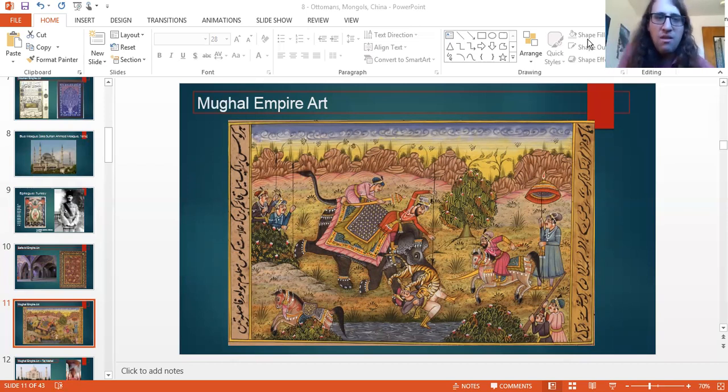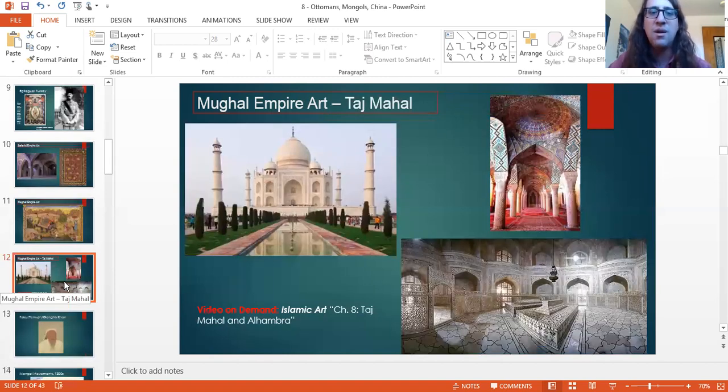The Mughal conquerors incorporate some of those ideas into their own conquest, which is like a classic question in studies of history: how much do the conquerors change the conquered and how much does it go the other way around. And we talked previously about the Taj Mahal, the very notable building of Muslim India under the Mughal Empire.